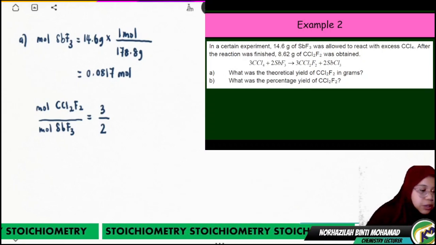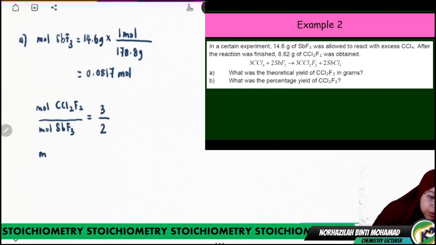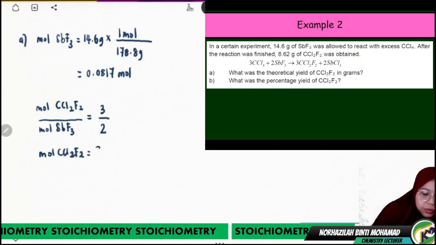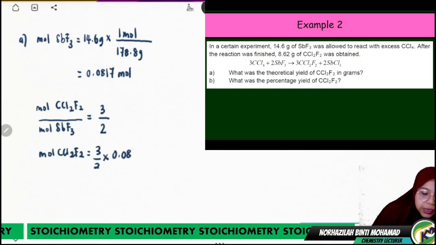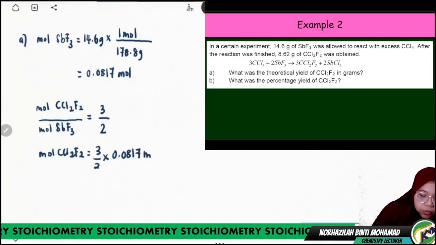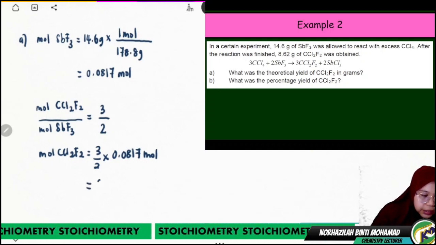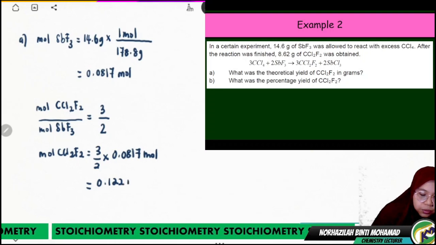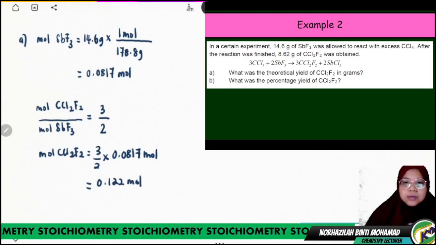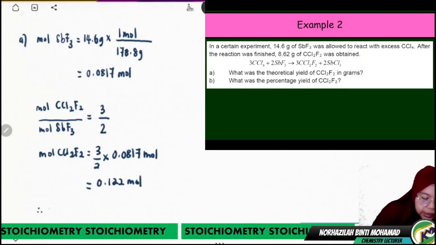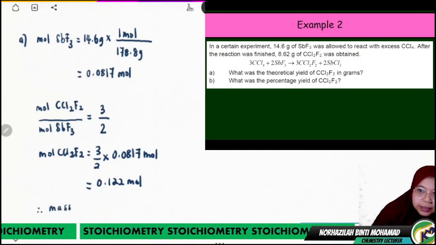So we have to make sure of that. So that means mole CCl2F2 is equal to 3 over 2 times 0.0817 mole. So you will get the mole of CCl2F2 is 0.122 mole.